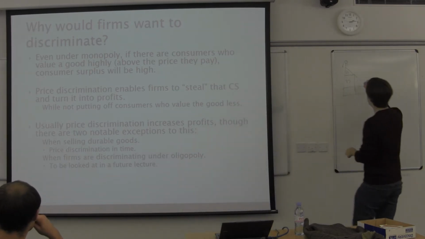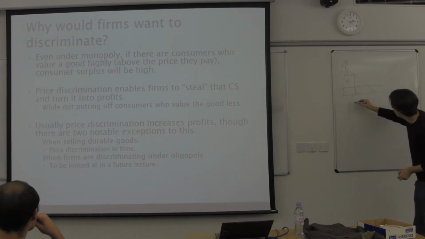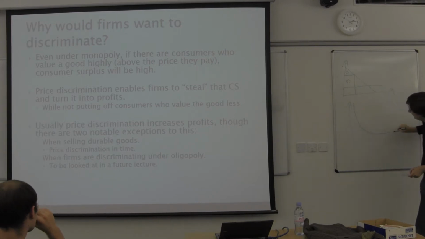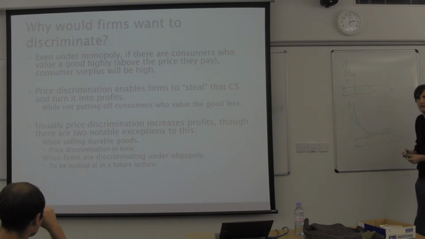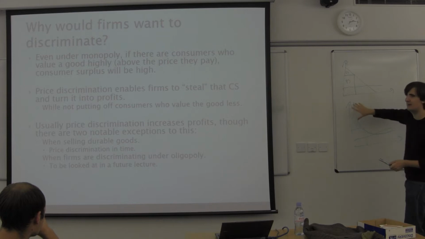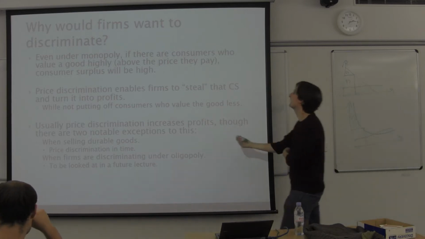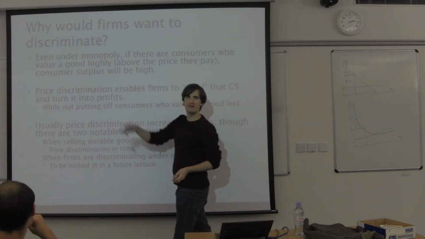Here with linear demand, consumer surplus looks quite small, but if you have a demand curve that looks more like that, then even with the same marginal cost and quantity, suddenly consumer surplus looks very big. So the producer would like to somehow capture some of that consumer surplus, and that's what price discrimination is going to enable them to do.